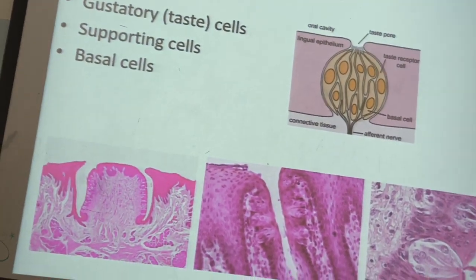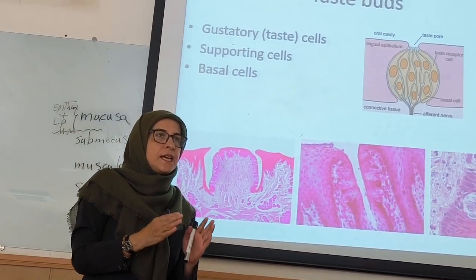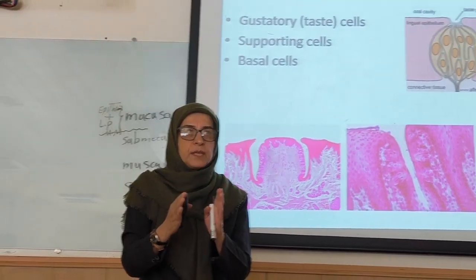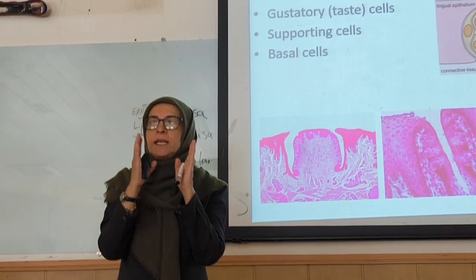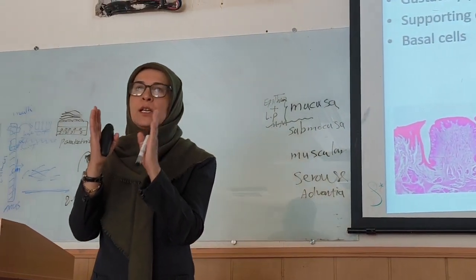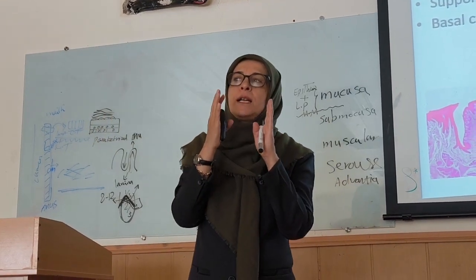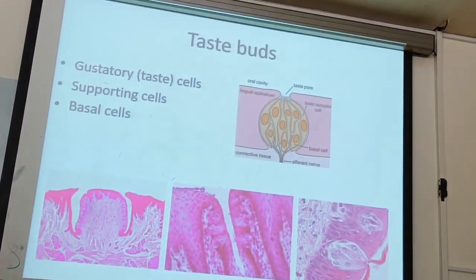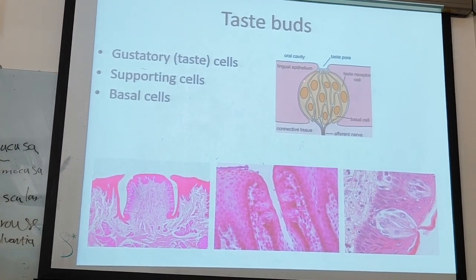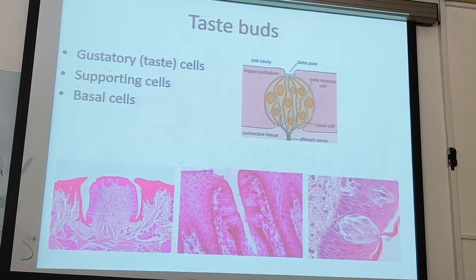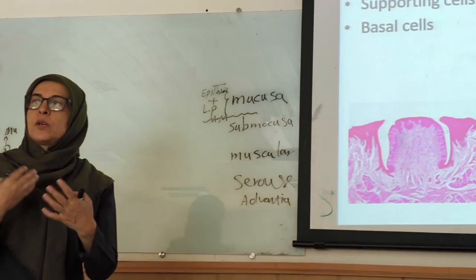And again, you know in nervous tissue that the nerve cells in all parts of the body need support, and in each part of the body where there are neural cells, close to them we can find the supporting cells or glial cells that support or nourish the nerve cells. Here they are tall, columnar cells that surround the taste cells and support them.